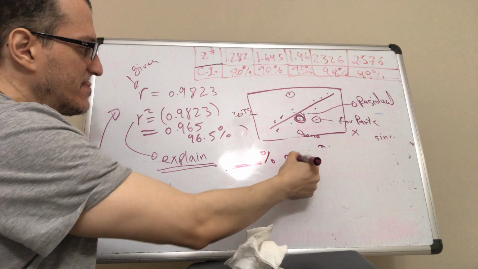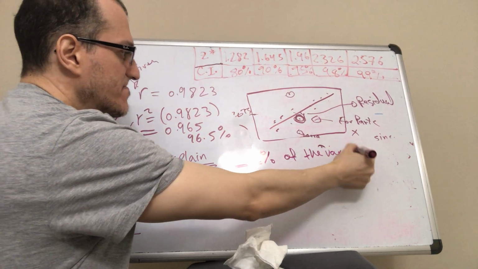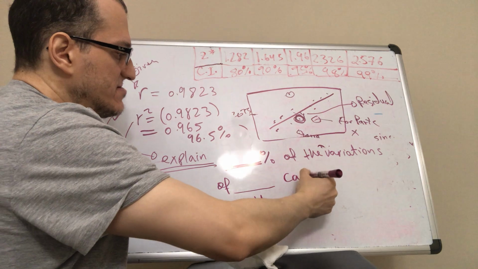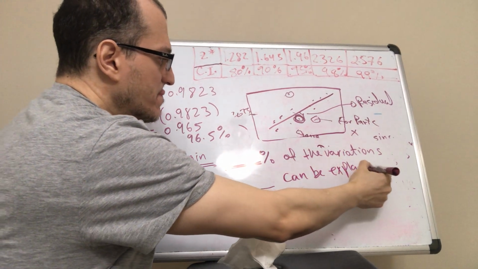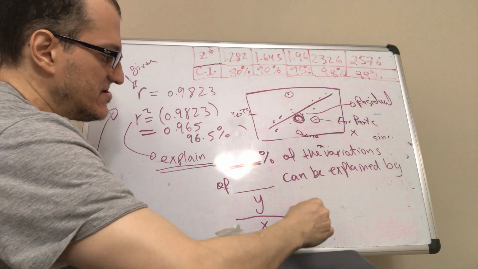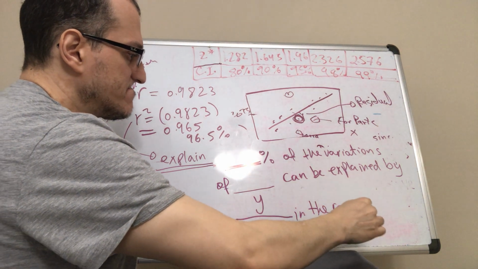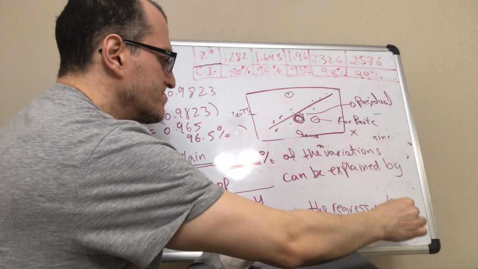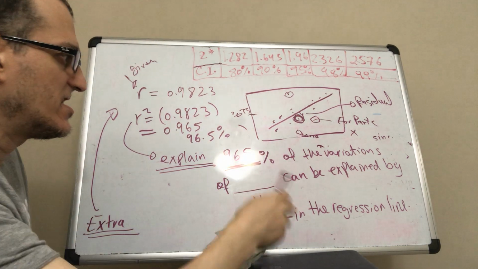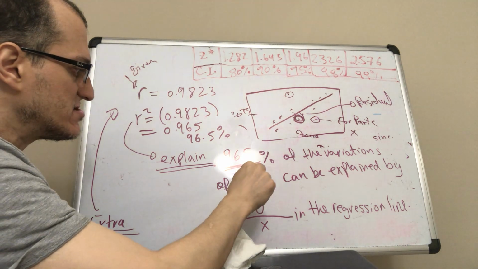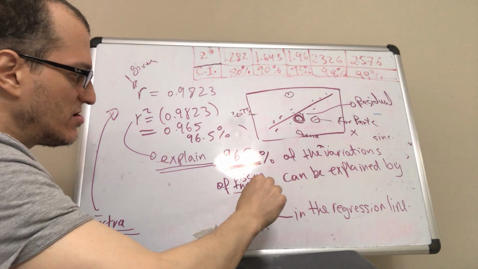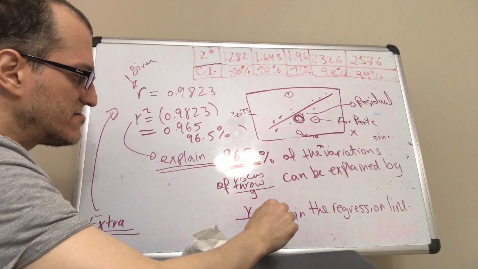You put the percentage and you say of the variations of Y can be explained by X in the regression line. So if they ask you for the R squared, you put the percentage, variation of Y. Y was the discus throw, X was year, and the regression.